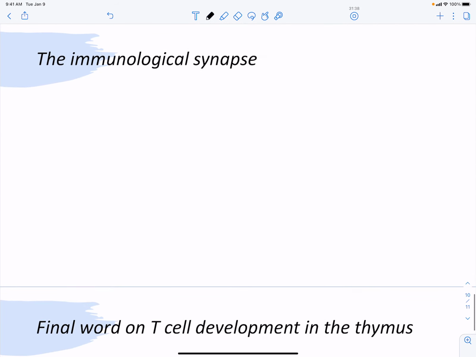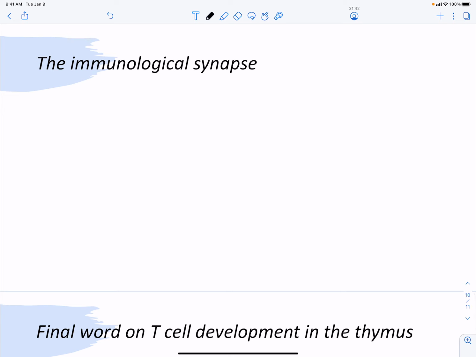All right, so now when a T cell gets activated or it sees its antigen and MHC complex, it forms something called the immunologic synapse. So the immunologic synapse is made up of 2 cells: the T cell plus the presenting cell.